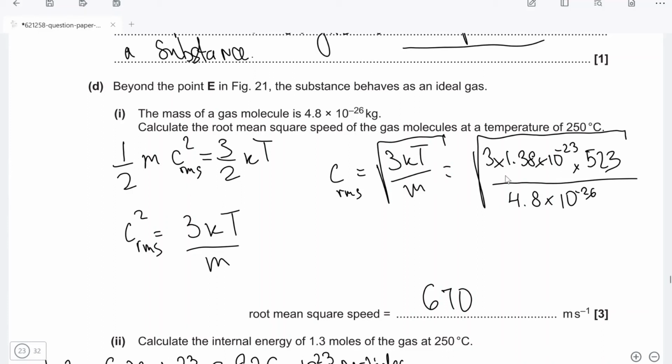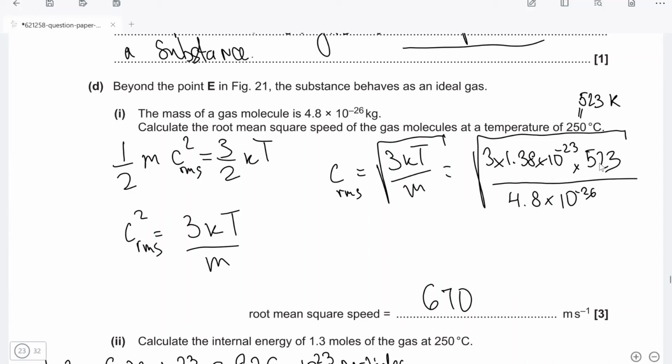So this is going to equal 3 times 1.38 times 10 to the power minus 23. This here is Boltzmann's constant. T here, though, is given with the symbol T. This means that we will need to convert this temperature from 250 degrees to 523, which is the temperature in Kelvin.